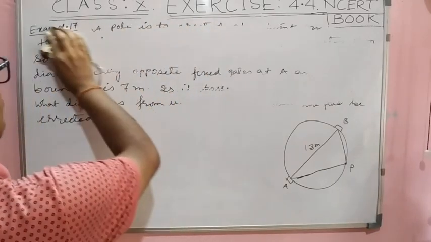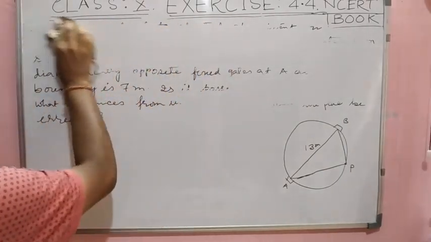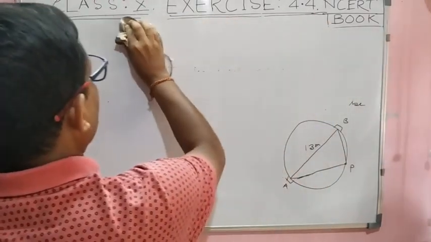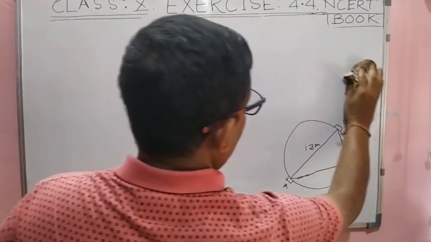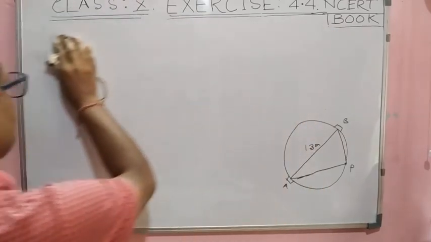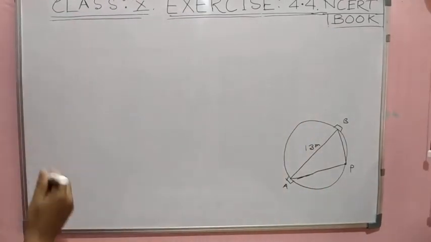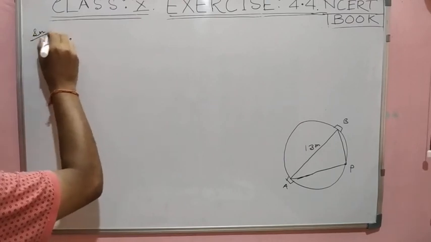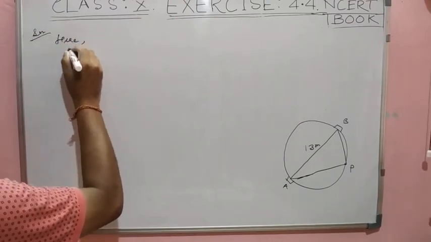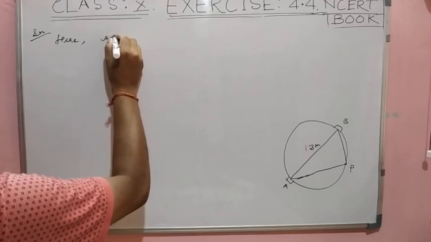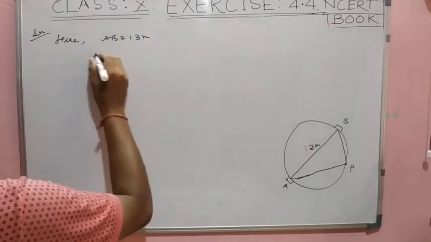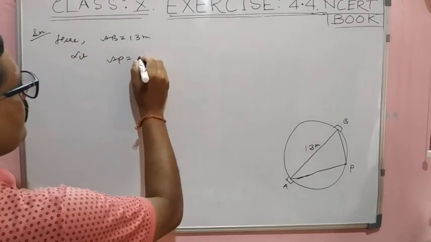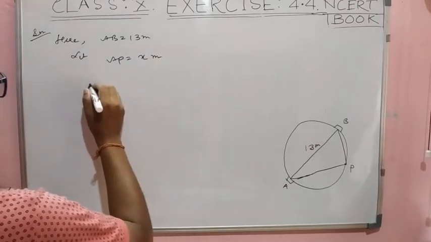So here you see, we will consider AP and BP. Out of these two, we will consider any one. So here, solution: AB equal to 13 meter. Let AP equal to x meter.